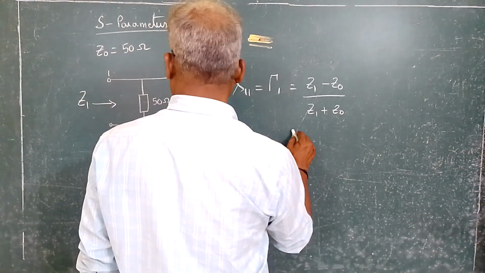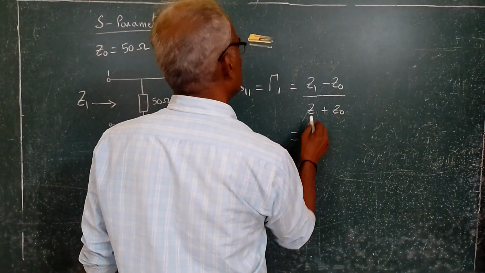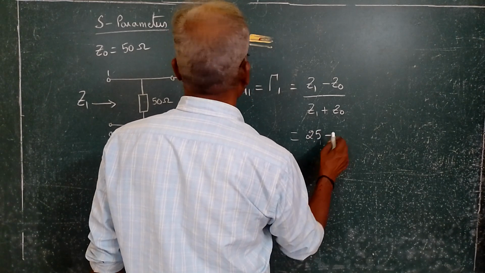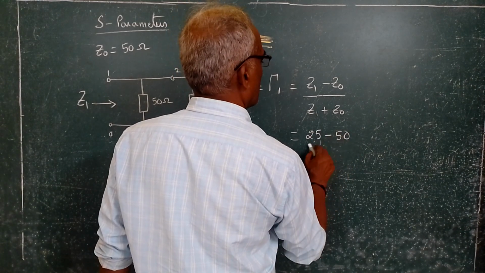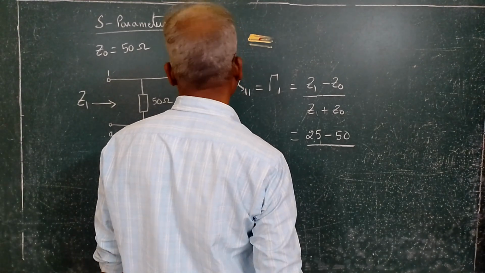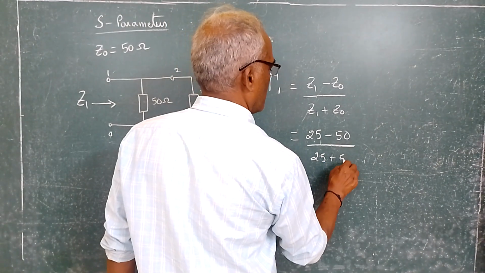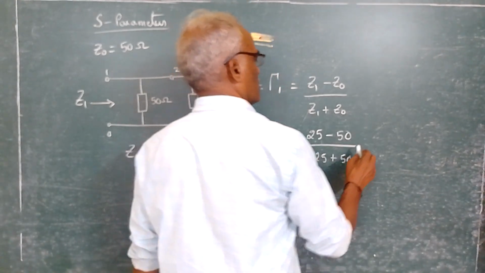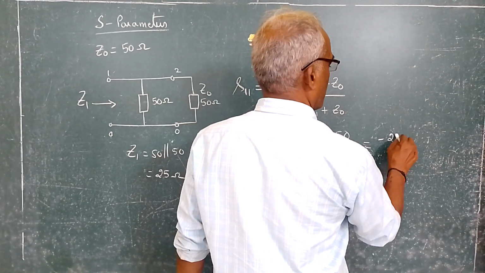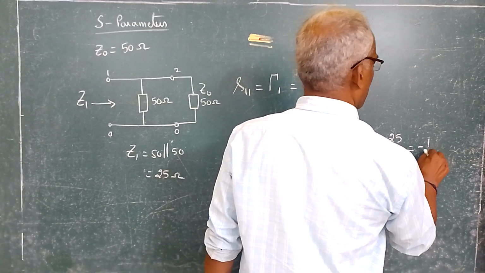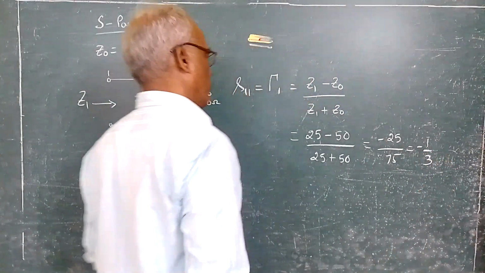So Z1 is 25 minus Z0, which is 50, by Z1 plus Z0, which is 25 plus 50. So this will give you minus 25 divided by 75, that is minus 1 by 3.